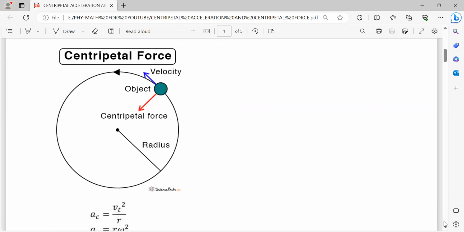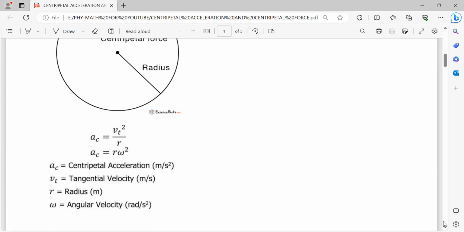And the formula to calculate the centripetal acceleration, if given tangential velocity, is this one: Vt squared over r.